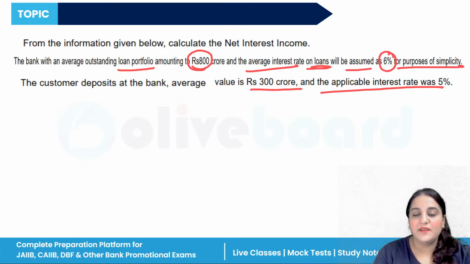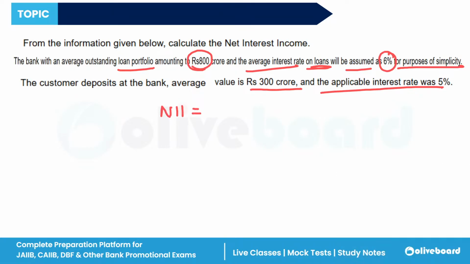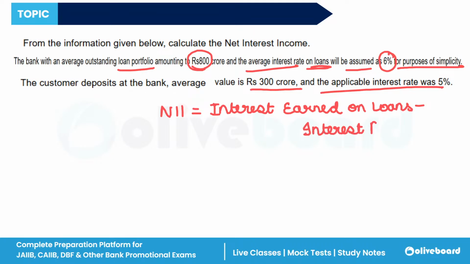We know the formula. NII is equal to interest earned on loans minus interest paid on deposits.